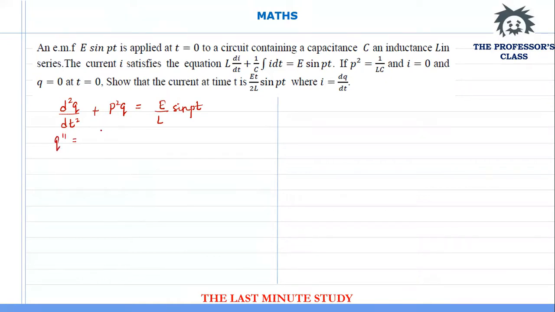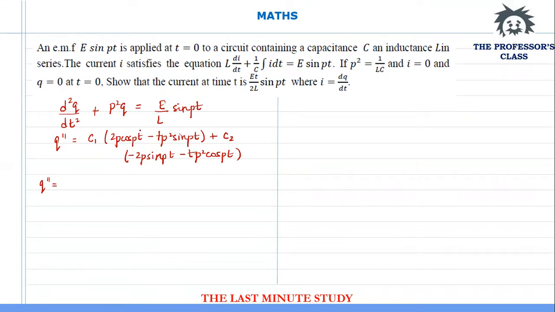Now I need to substitute the value of this second derivative of q, which turned out to be a big equation given by c1 2p cos pt minus tp square sin pt plus c2 minus 2p sin pt minus tp square cos pt. I'll modify this equation a little bit to make our calculation easier by separating the terms.